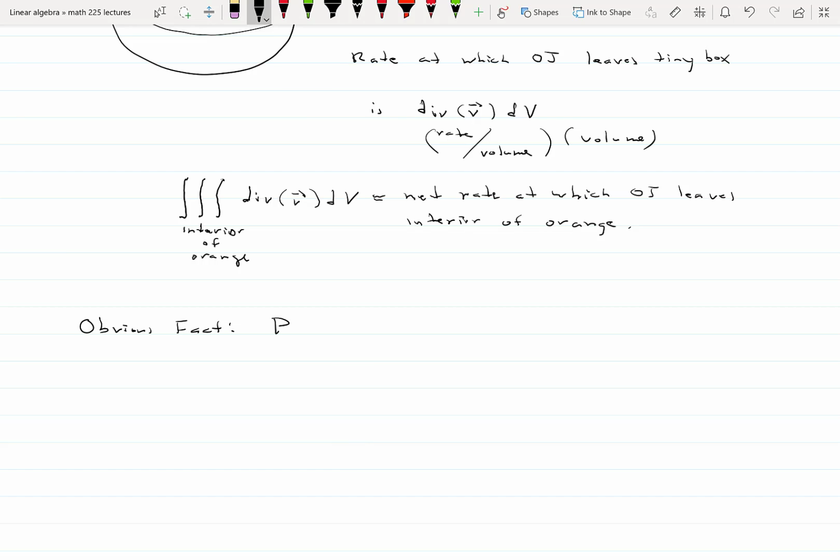The obvious fact is that both points of view should give the same result.